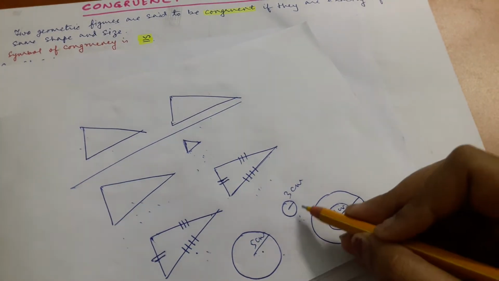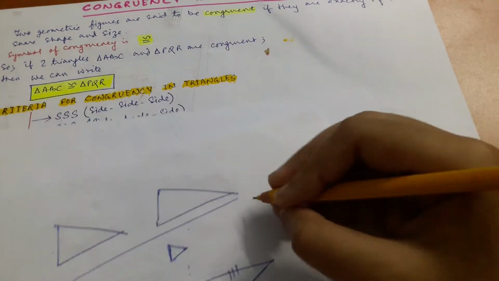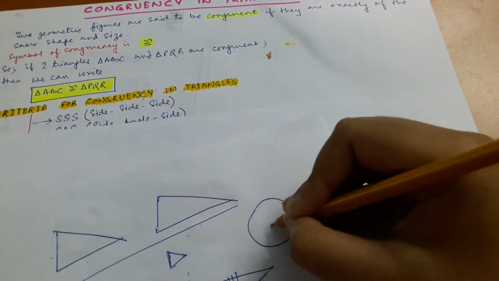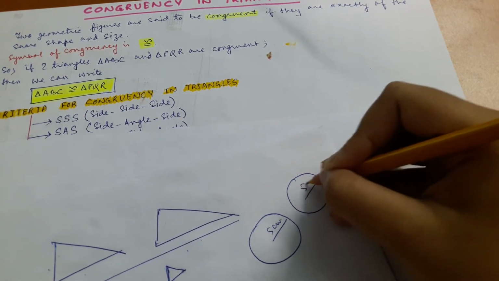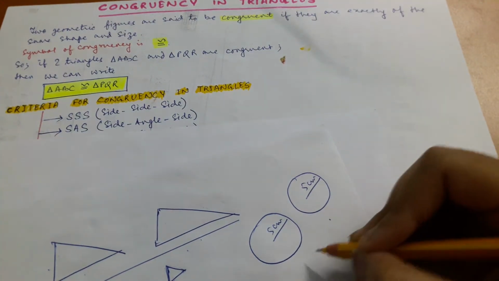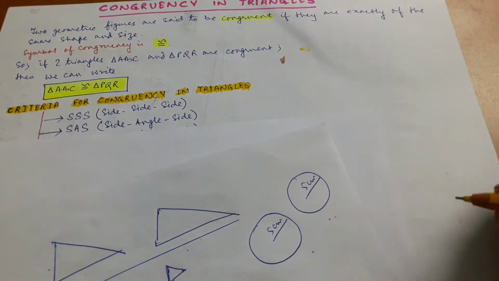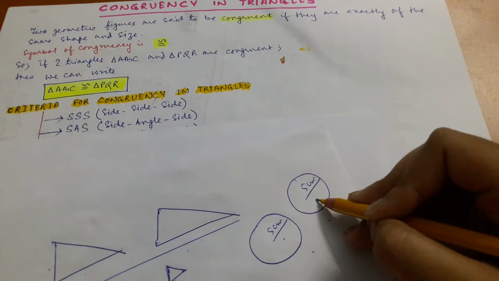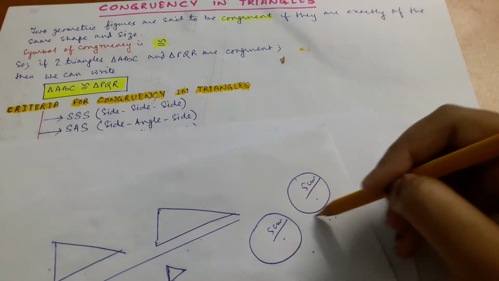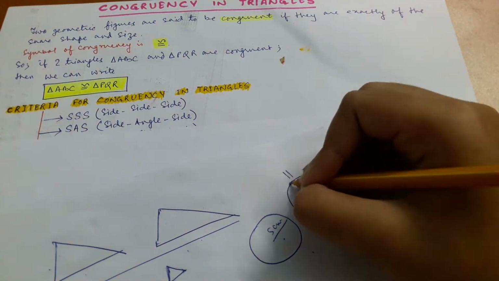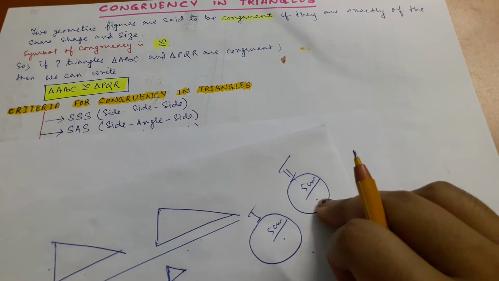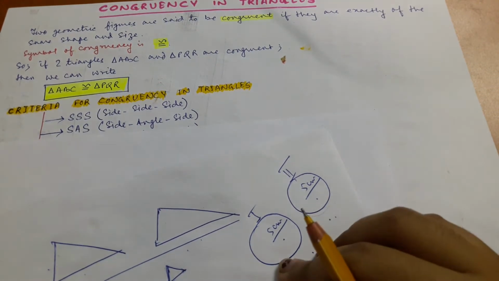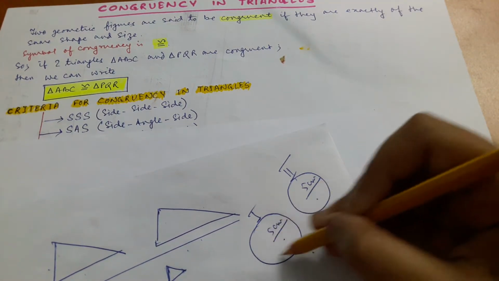Now if the two radii are same, suppose I draw two circles of the same radius, 5 centimeter. I am drawing. See. The radii of these two circles are the same, 5 centimeter. So if I impose this second circle, suppose this is circle 2 and this is circle 1, it is completely covered.